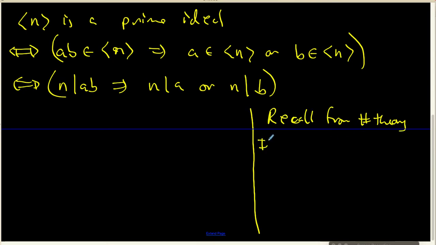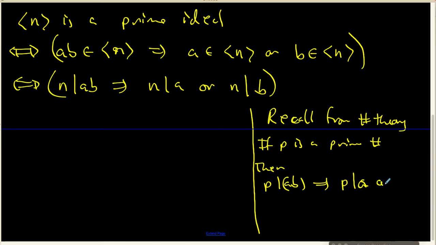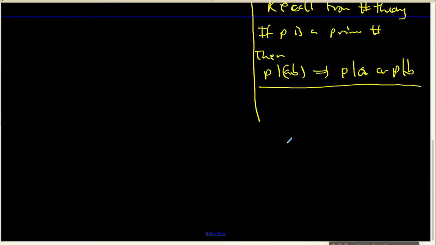We know that if p is a prime number, then p divides ab will imply that p divides a or p divides b.